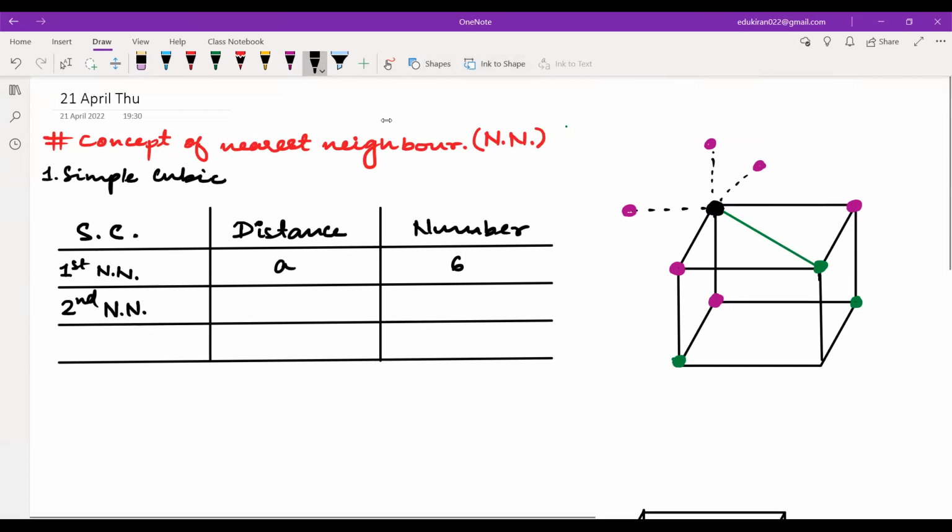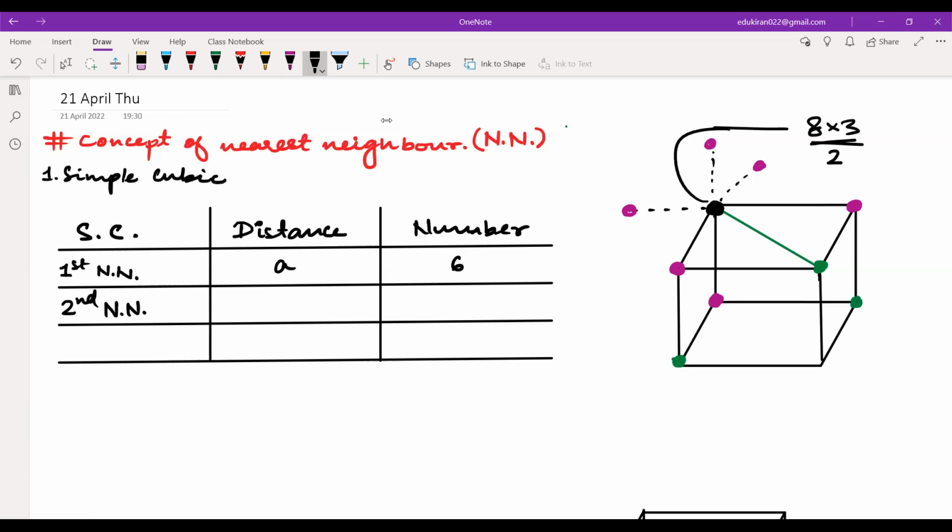So we know that it is present in 8 corners, it is present in 8 unit cells, correct? And in each unit cell it is connected to 3 different atoms. You can see in this unit cell it is connected to 3 of the faces, and each face has the contribution half, and each face is shared by 2 unit cells.